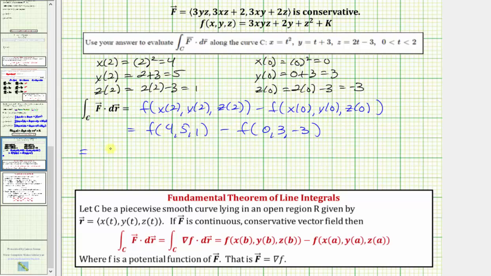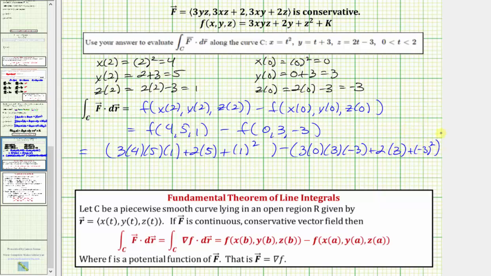So performing substitution into f of 4, comma 5, comma 1 would be 3 times 4 times 5 times 1 plus 2 times 5 plus 1 squared. And f of 0, comma 3, comma negative 3 would be 3 times 0 times 3 times negative 3 plus 2 times 3 plus negative 3 squared.